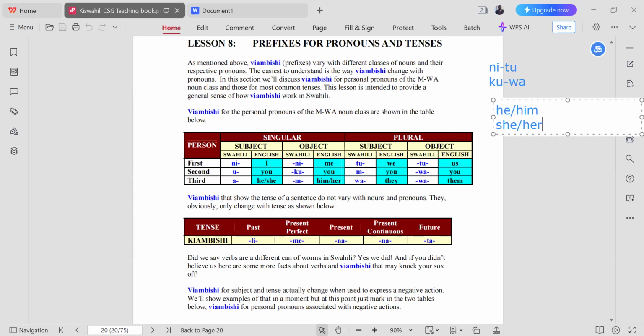Like they are going to school. You can't say them going to school. You'll say they are going to school. Now, who is they? It's them. Are we together? When you say they are going to school, then somebody will ask you, who is they? Then now you have to point.